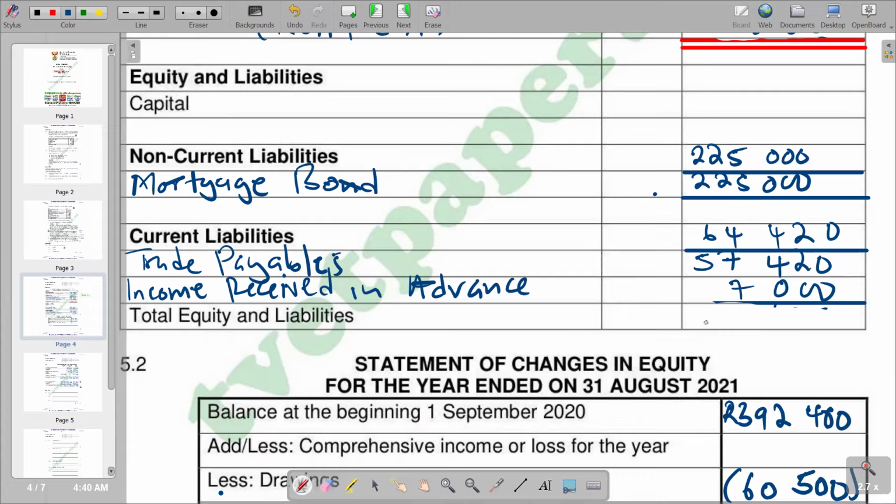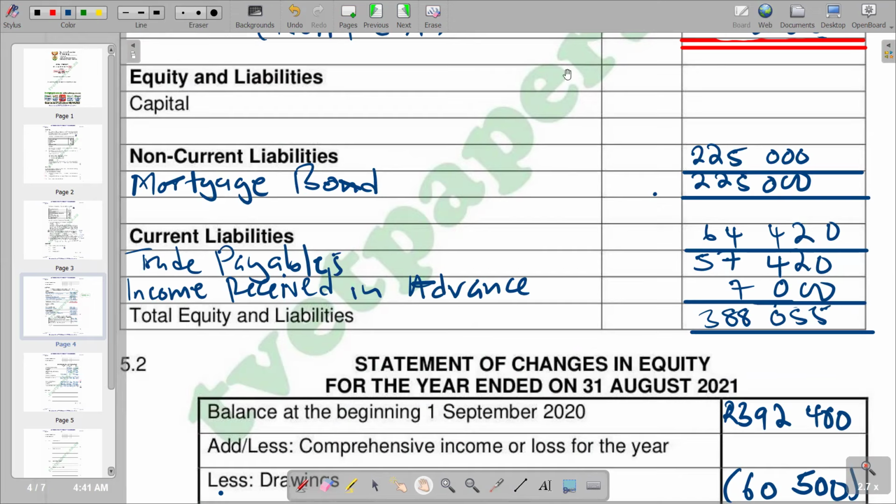So to find our balancing figure for capital, we say 388,055 minus 64,420 minus 225,000.